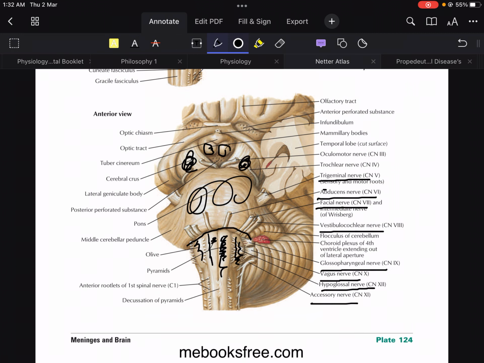Two nerves exit from the midbrain, nerve number 3 and 4.